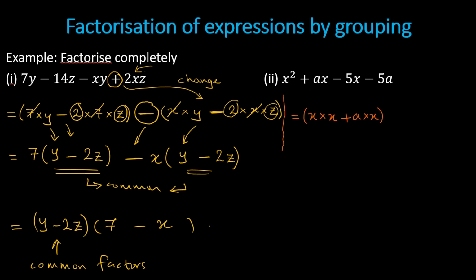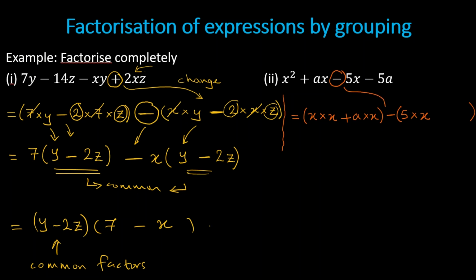Now the next two terms, since you have a minus here, insert your minus. Then we are going to complete the second pair of brackets. Third term is 5x. It's 5 times x, of course. Now be very careful.